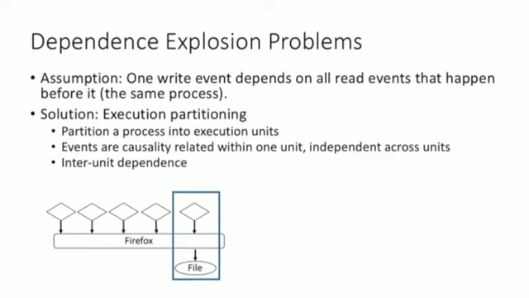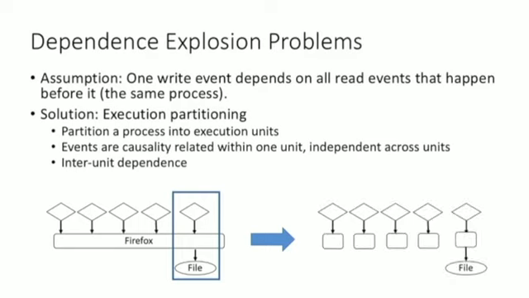Only one socket is a true source, and all the others are bogus. The idea of execution partitioning is to partition Firefox into individual execution units. Each unit will just handle one socket. So when you do the backward analysis from the file, you only trace to one socket, and the dependency won't propagate to previous sockets.